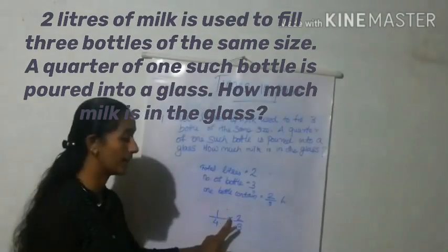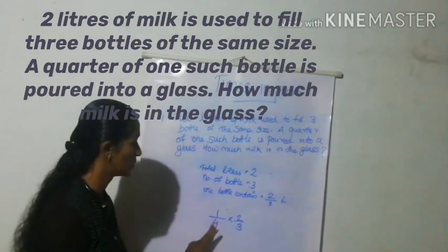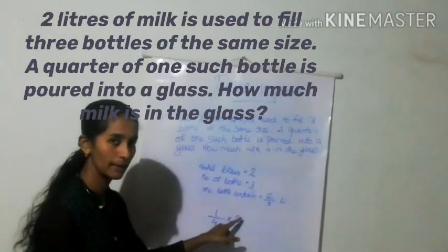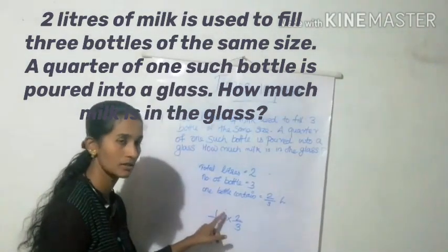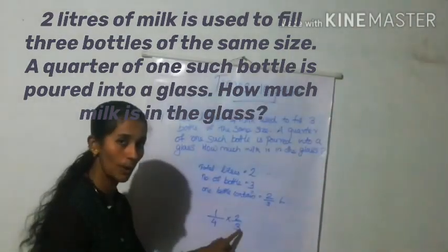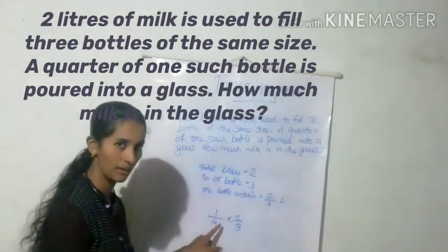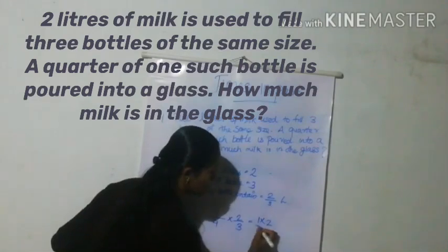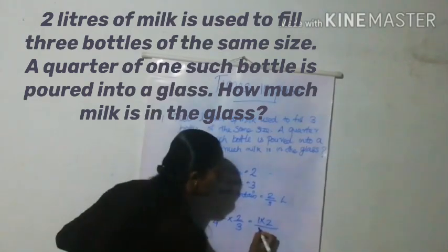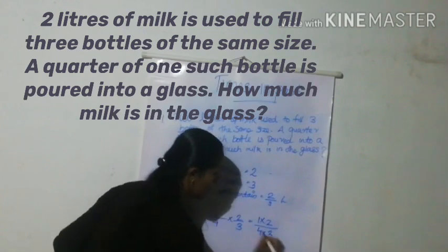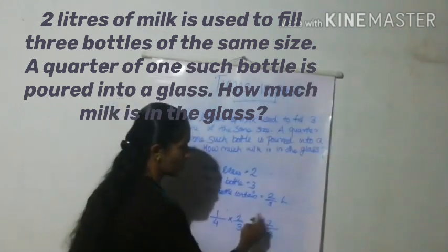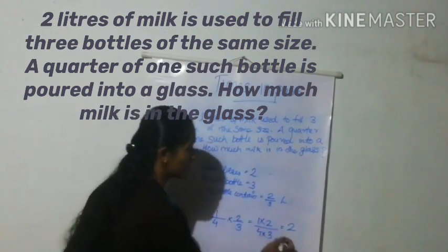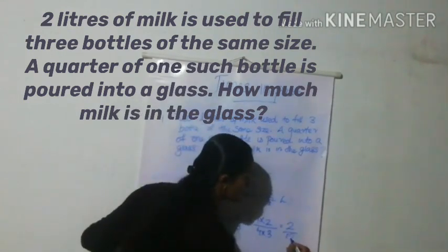If we multiply two fractions, we multiply the numerators and we multiply the denominators. So, 1 into 2 divided by 4 into 3. 1 2s are 2. 4 3s are 12.